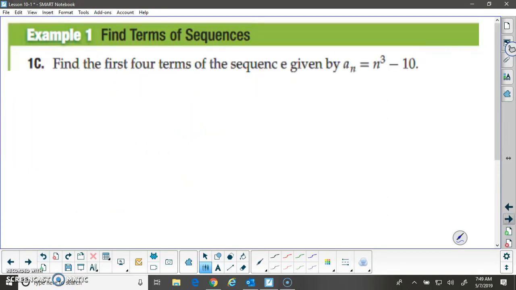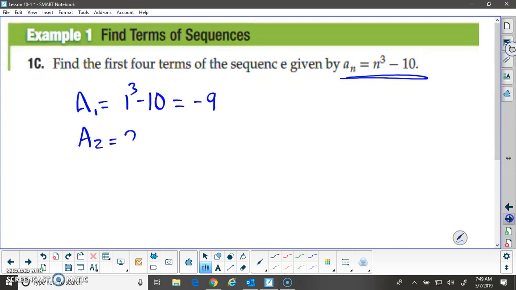Here's another similar example. It says find the first 4 terms of this sequence, and it gives us a formula. So again, to find our first term, we're going to put 1 in for n, and that's going to give us -9. To find the second term, we're going to put 2 in for n, and that's going to give us -2.